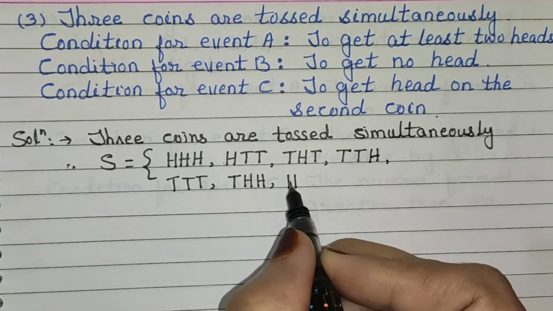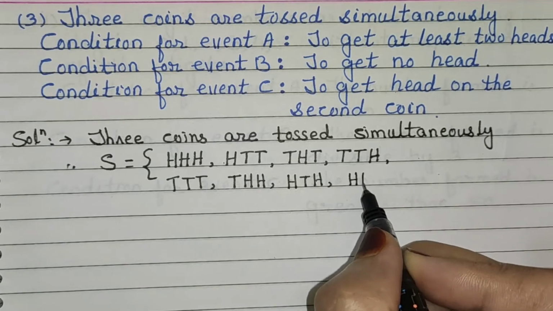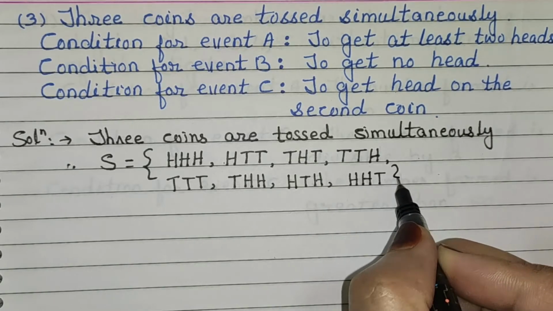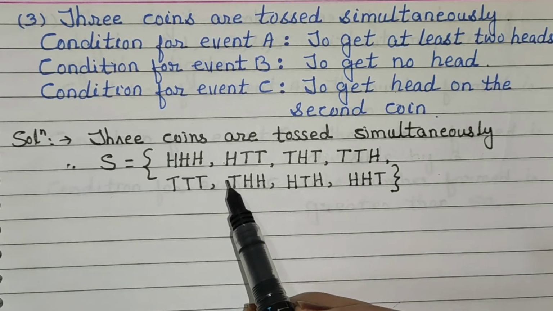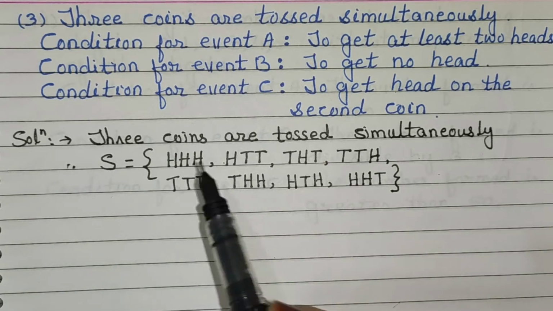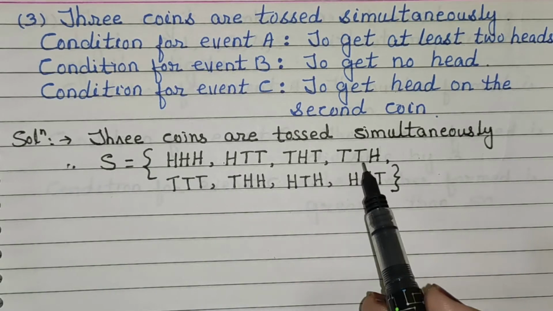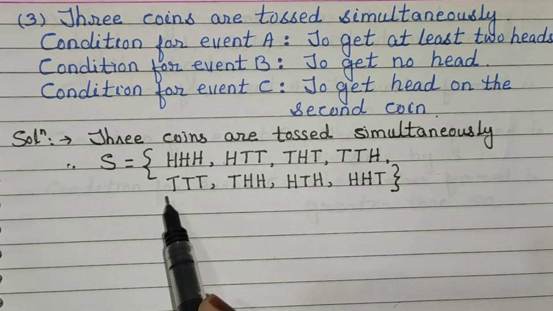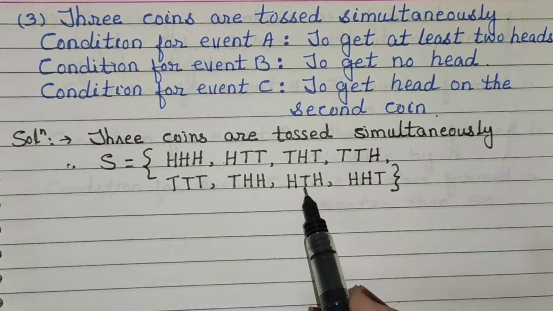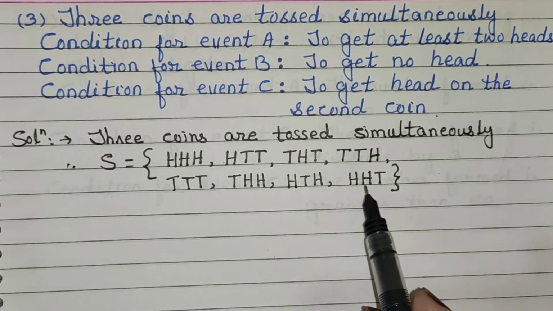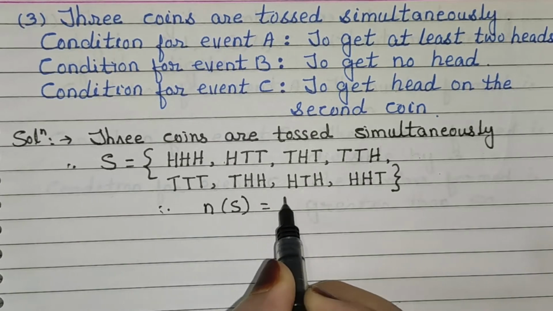Second one is T, others are head, and third one is T, others are head. Remember it, or by using tree diagram. Now we get here n of S is equal to 8.